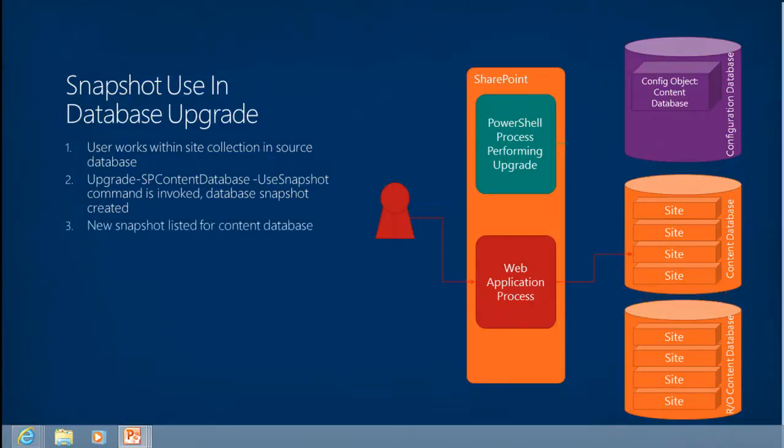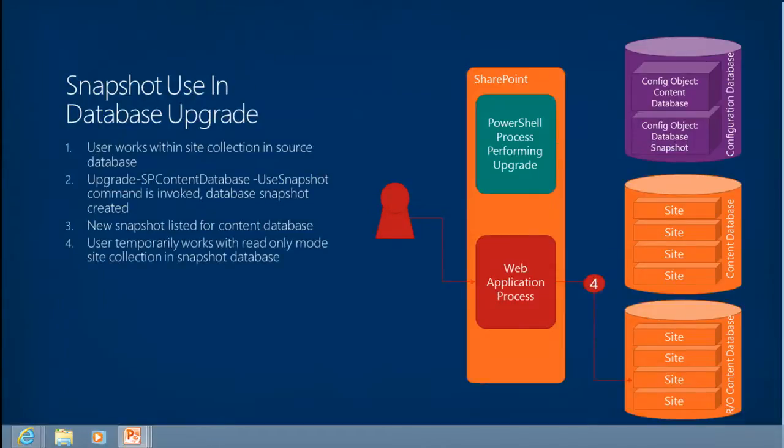Behind the scenes, it adds this new config object for the snapshot, keeps track of this, and now that it's got this, it sends all the users, because an upgrade is in progress on this database, it now detects there's a snapshot and sends all the users to the snapshot copy. So they can't make any new changes to the database at this point in time. Only the upgrade session has access to continue to write to it. Even timer jobs and other stuff, they'll be in a read-only state.